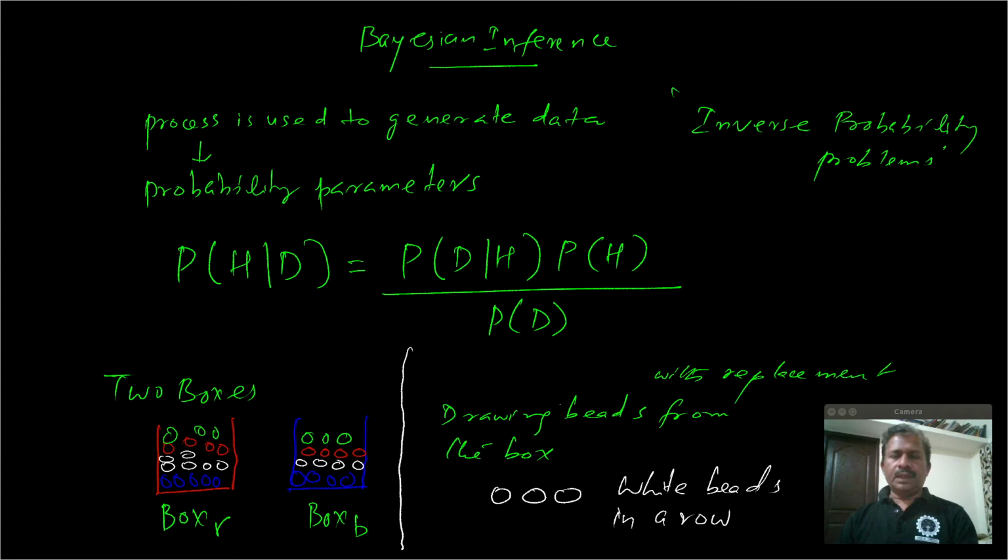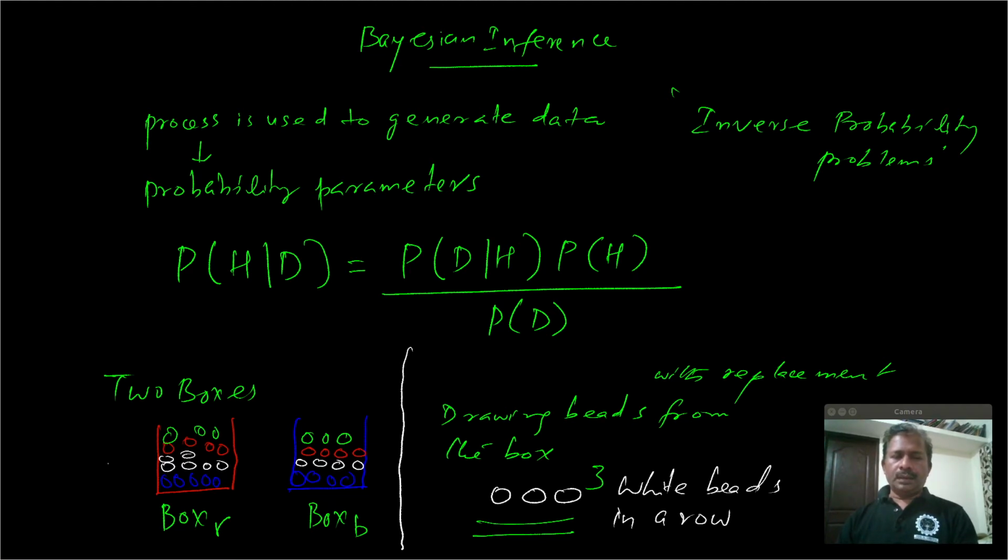Whenever I pick a bead from box R or box B, I observe it, I make a note of that, and I replace it in the same box. The event that I have just seen is 3 white beads in a row. So this is my observation.